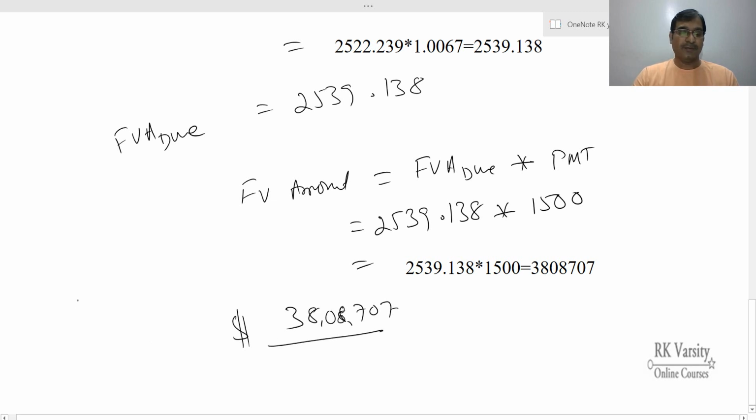That means if you invest $1,500 each month for 36 years, then you will get $3,808,707. This is how you need to calculate future value annuity due with other compounding periods. Thank you.